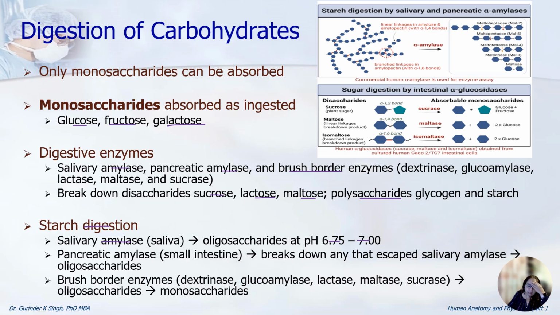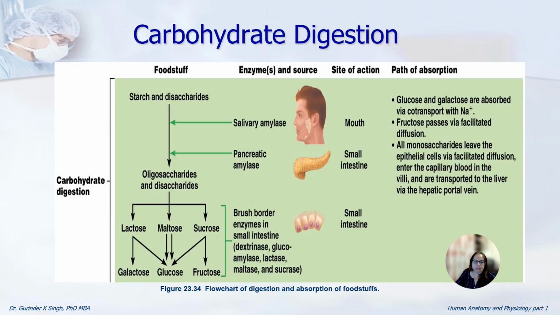And then the brush border edge has enzymes like dextrinases, glucoamylases, lactases, maltases, and sucrases, which will change these oligosaccharides into the monosaccharides. Okay. So here is a picture which explains it.